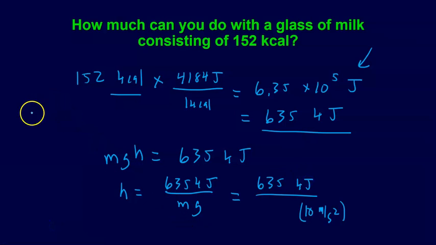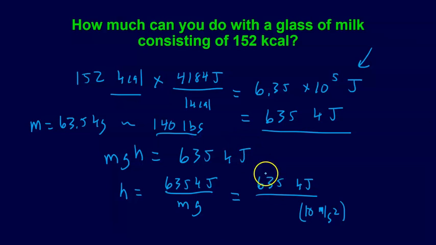And then for the mass, just to make the math work out a little bit easier, I'm just going to use 63.5 kilograms, which is somewhere in the neighborhood of 140 pounds, maybe like the average mass of a person in our class. And so what's nice is it makes this math a little bit easier. Here, this cancels out. And so when I divided this, I got about 1,000 meters.